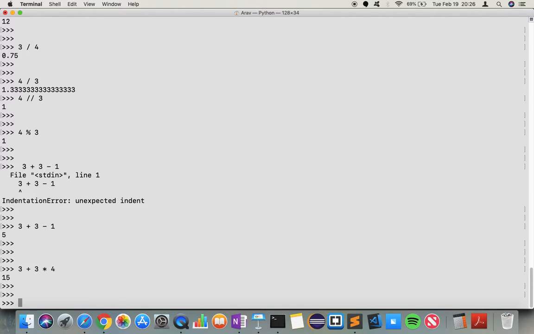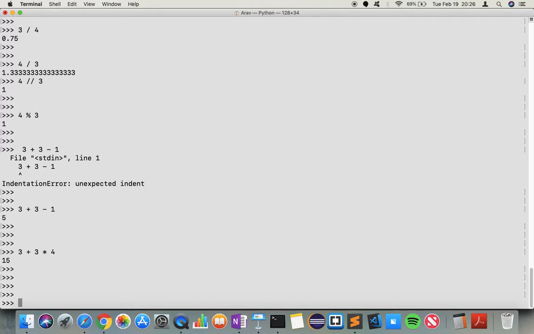This is where precedence comes in. Some operators have a higher precedence than others. Multiplication and division always take precedence over subtraction and addition. In this case, the multiplication was performed first, so 3 into 4, 12. And then the addition was done, 12 plus 3, 15. So that's how precedence works.